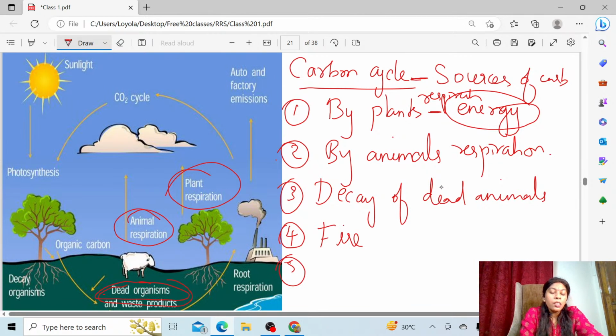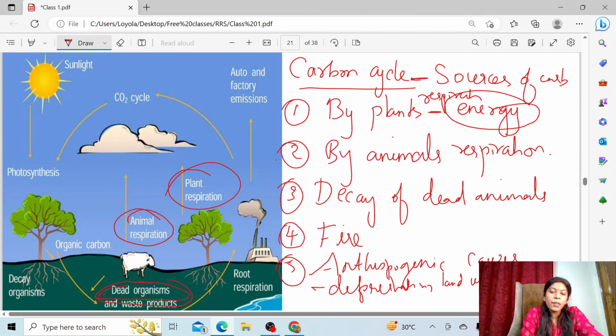Fifth, anthropogenic causes. Here comes everything. What are the causes? The first one, deforestation. Then second, unsustainable land use, agriculture activity, cutting down forest for agriculture.